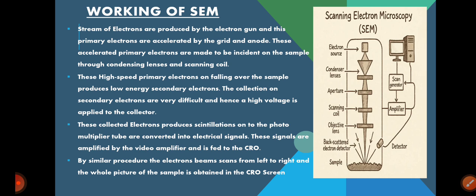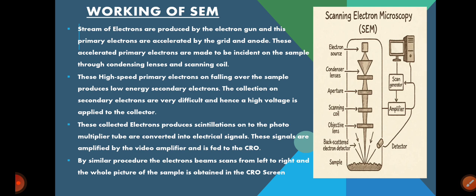It is kept in between the condenser lens and the specimen. The scanning coil scans the specimen and the detector detects the secondary electrons. It converts them into an electrical signal, and that signal is sent to the cathode ray oscilloscope. So this is the working of the scanning electron microscope.